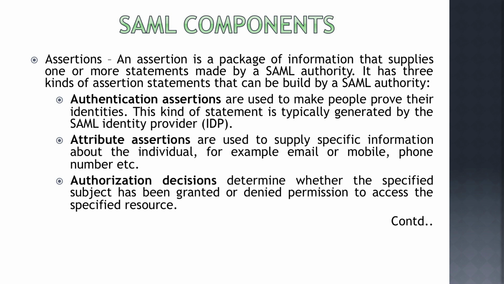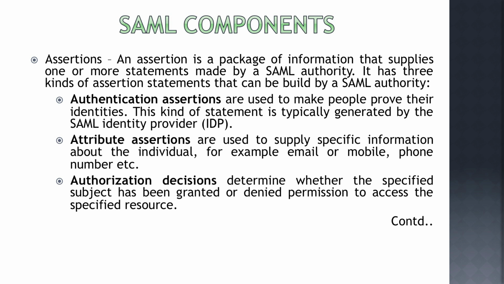SAML has some components. The first component is the assertion. An assertion is a package of information that supplies one or more statements made by a SAML authority. SAML defines three kinds of assertions that can be created by a SAML authority. The first is the authentication assertion, which is used to make people prove their identities.